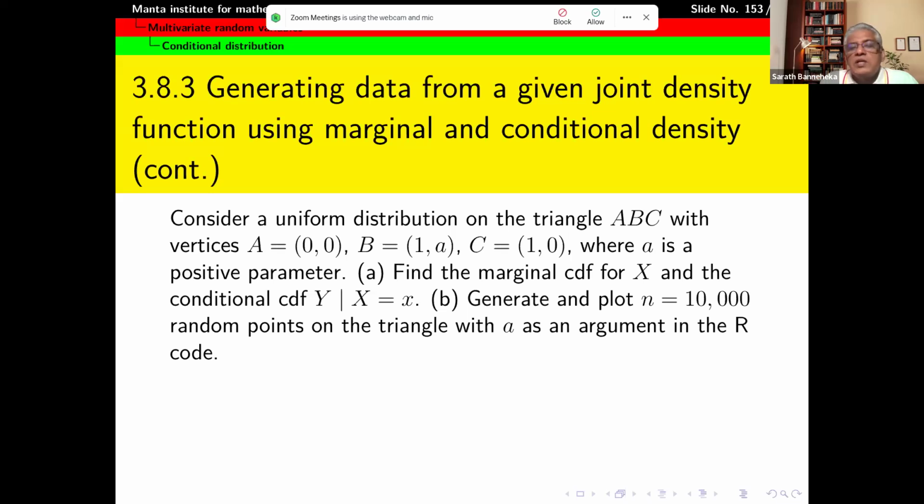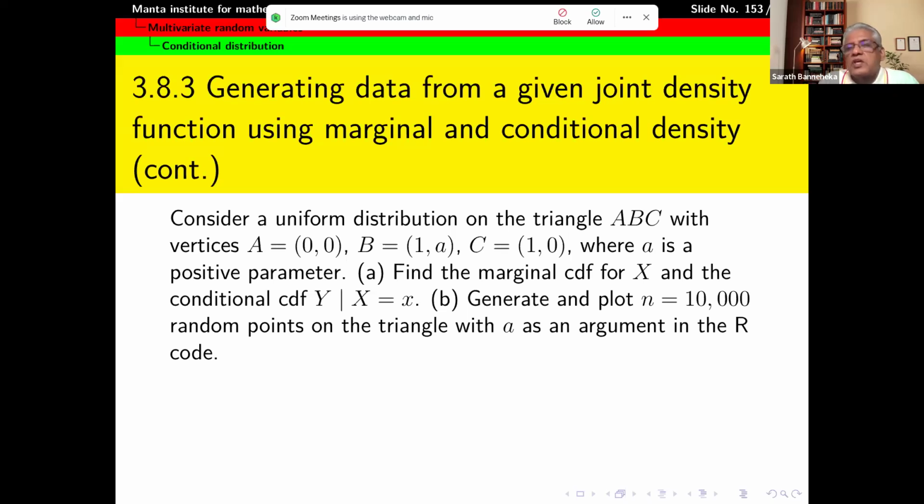Find the marginal CDF of X and the conditional CDF of Y given X is equal to simple x. Then generate and plot n equal to 10,000 random points on the triangle, with a as an argument in the R function.